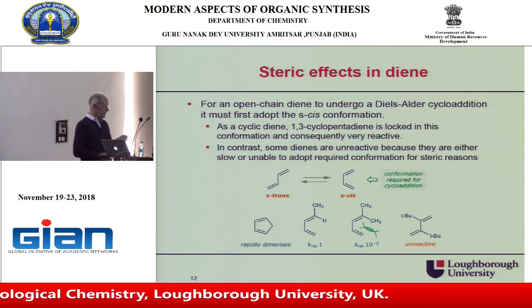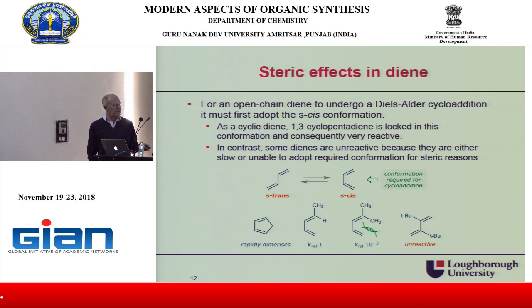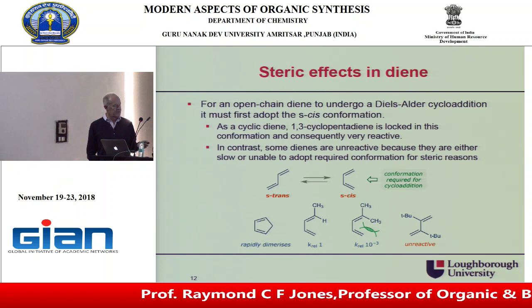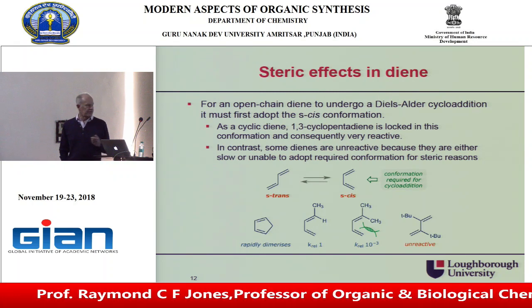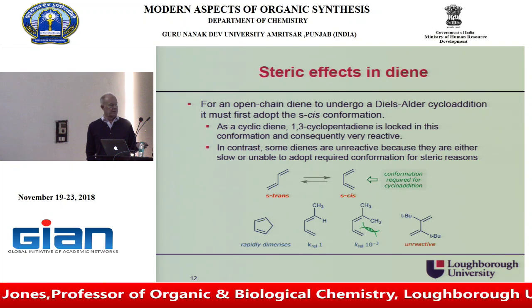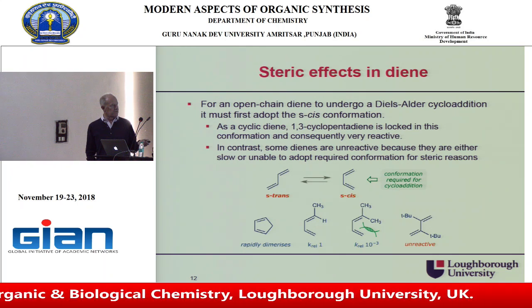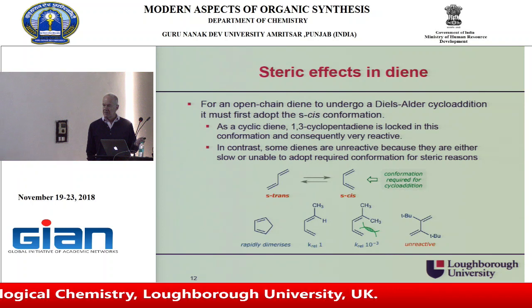So if you were to take the same dienophile and do the comparison between these two, if this is rate 1, that will be rate 1/1,000. And then if you have a butadiene which has two tertiary butyl groups at the two internal carbons, that's the opposite extreme to cyclopentadiene. That is essentially unreactive, because these two t-butyl groups do not want to be next door to one another in the S-cis conformation.